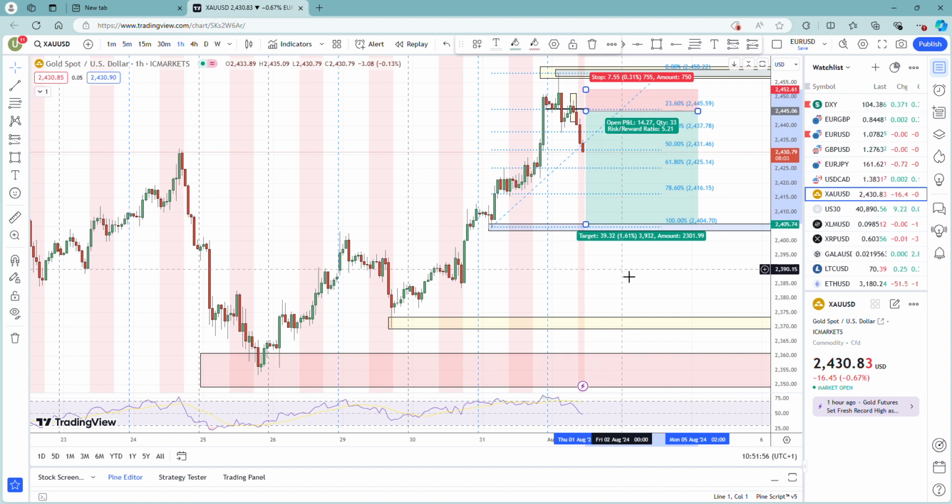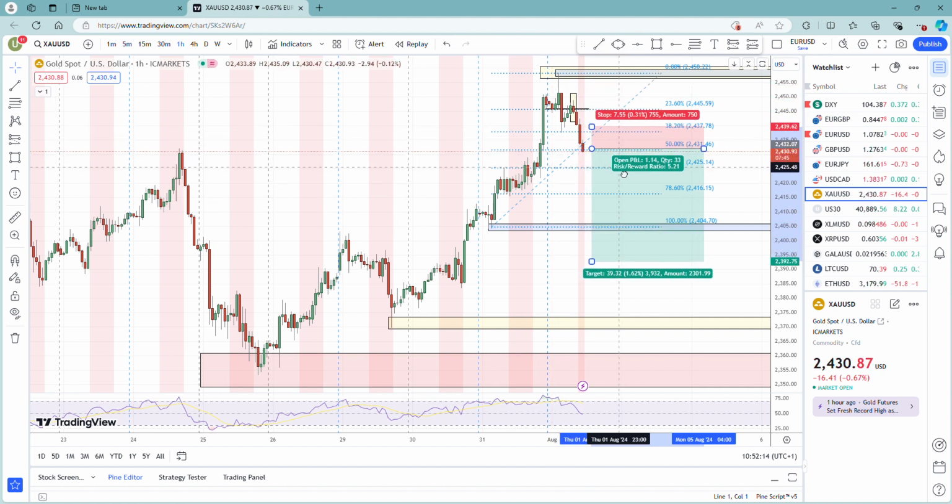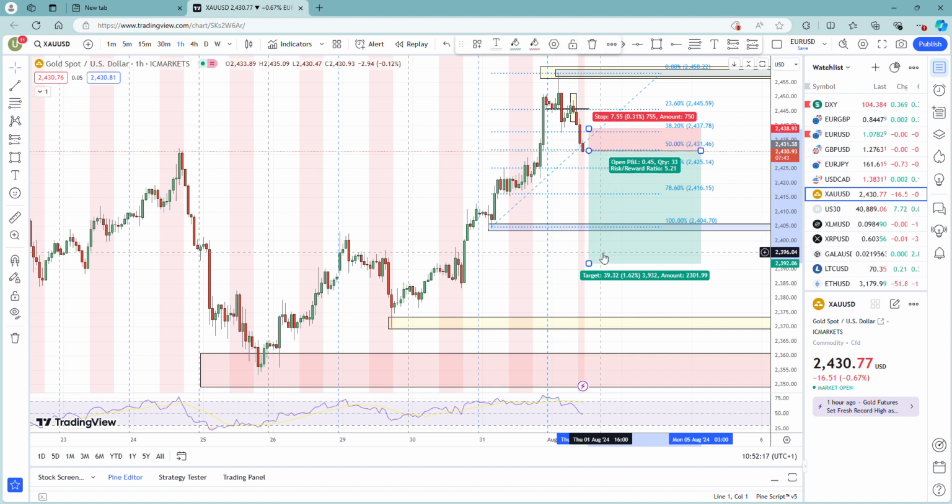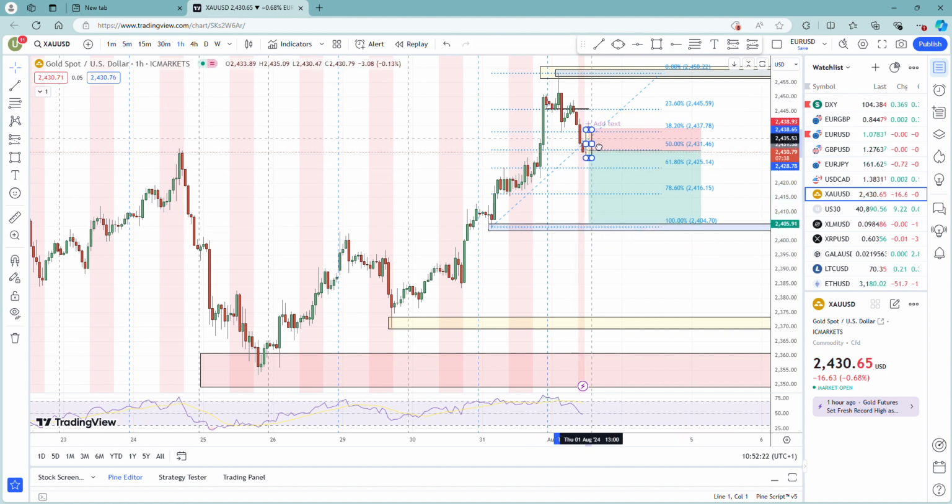Something like that. You could enter now, but it's in transit. There is a potential to retrace back. But you know what? I'm just going to enter the trade right now, just to see how it goes. So I'm entering here. Stop loss just above. TP there. See how it goes.